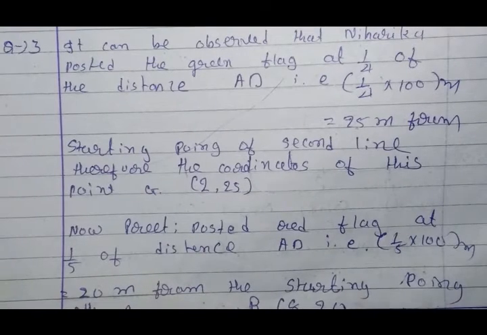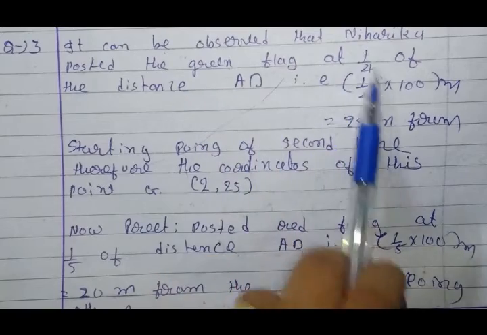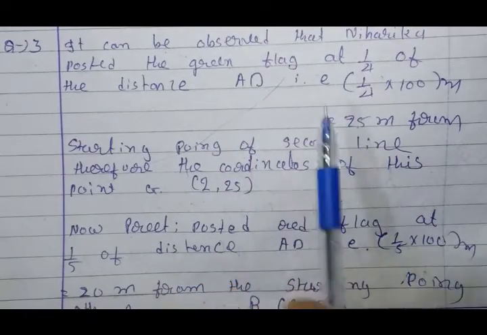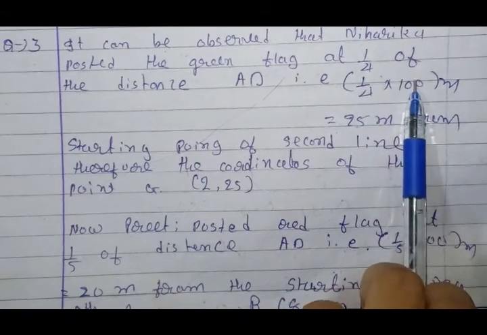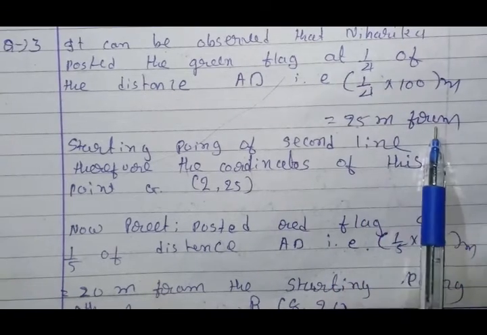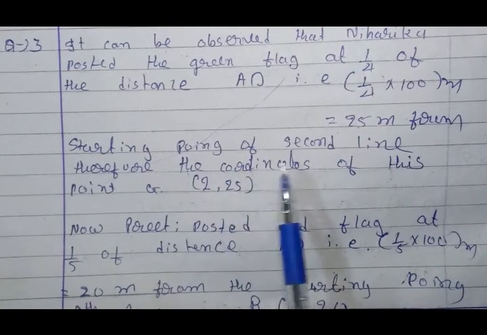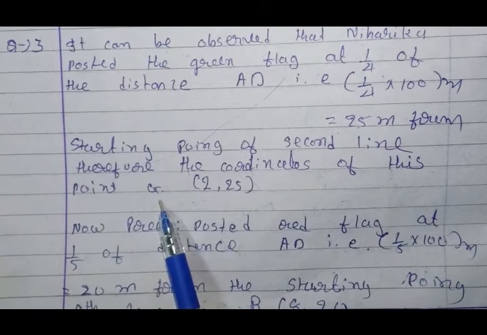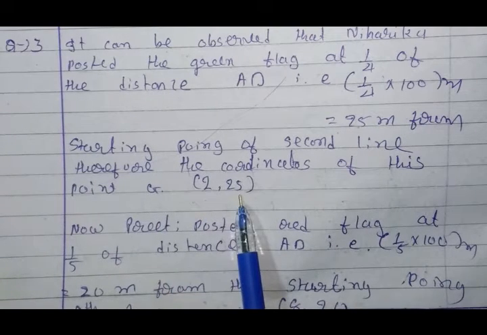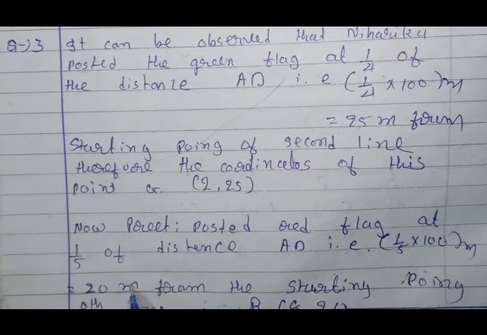Now it can be observed that Niharika posts the green flag at 1 by 4th of the distance AD. That means 1 by 4 of 100 meter is equal to 25 meter from the starting point on the second line. Therefore, the coordinates of this point G are (2, 25).